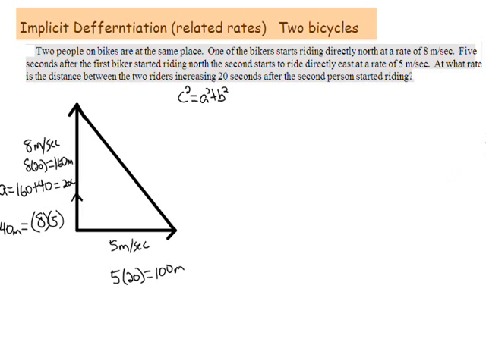Now I'm going to highlight that so we can see it better. That's your A there. Now, what about my B? Well, this is my B here. B is 5 times 20, which is 100. So I'll highlight that too.